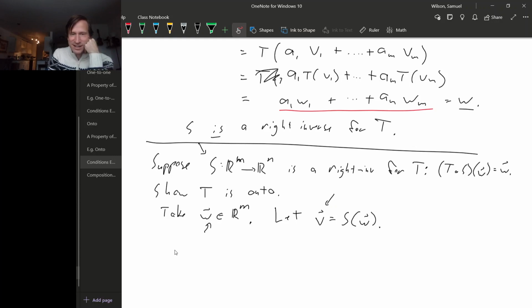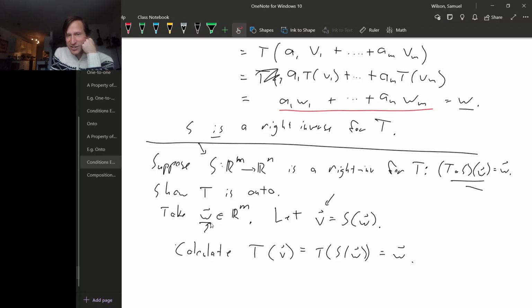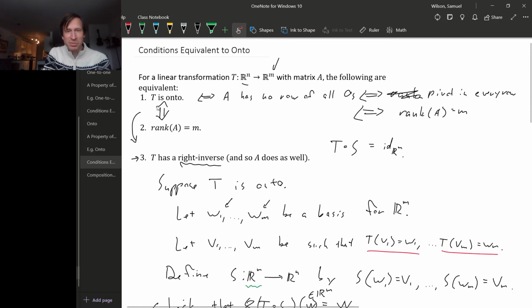So let's calculate what T does to V. Well, T of V is T of S of W, but S is a right inverse for T, so T of S of W is just W. So for any vector W in Rm, we found a vector in Rn that T sends to W. And that means that T is onto. So that completes the last thing to show here, that 3 implies 1. So all of these three conditions are equivalent.